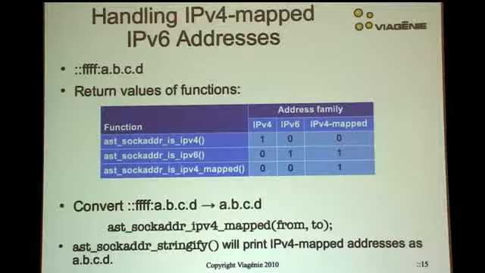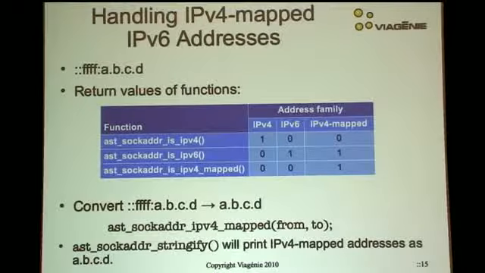Am I out of time? Soon, okay. These are IPv4-mapped IPv6 addresses. These are the addresses that never appear on the wire, but are used to communicate between the kernel and the application when an application only has an IPv6 socket, and it also wants to listen on IPv4.